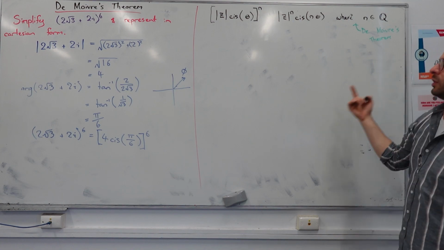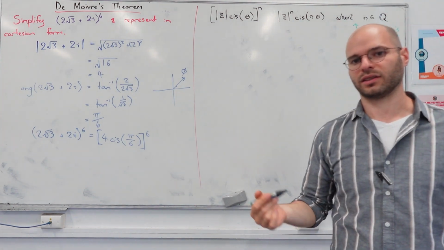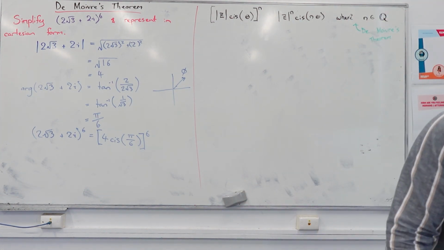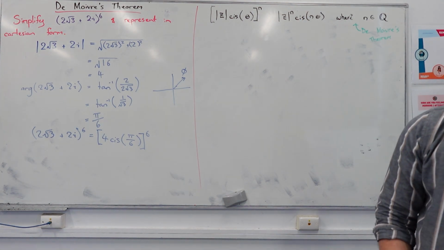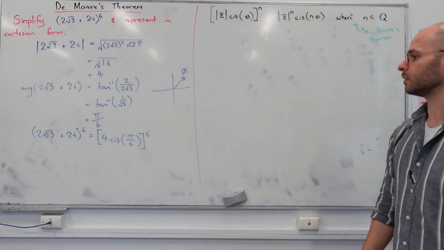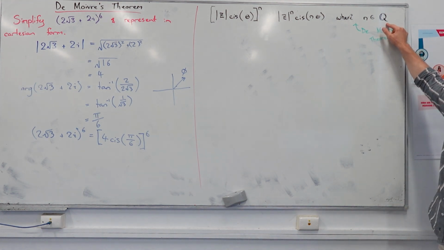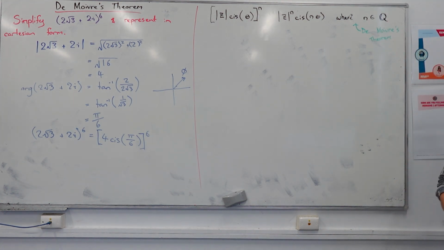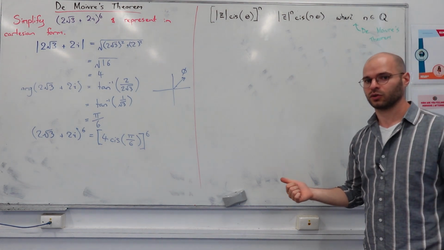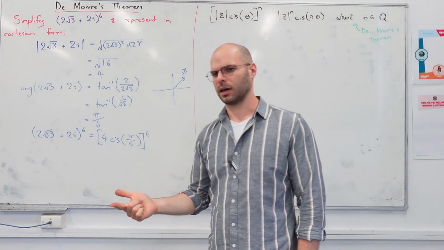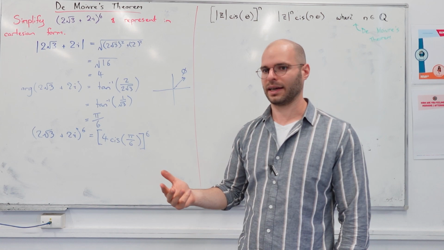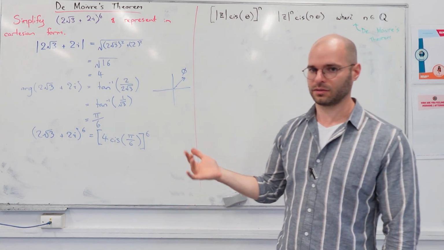This is the tool we use to simplify things raised to a higher power. Oh, the Q means rational number. Yeah. So R is for real, Q is for rational, Z is for integer, N is for natural number, C is for complex.